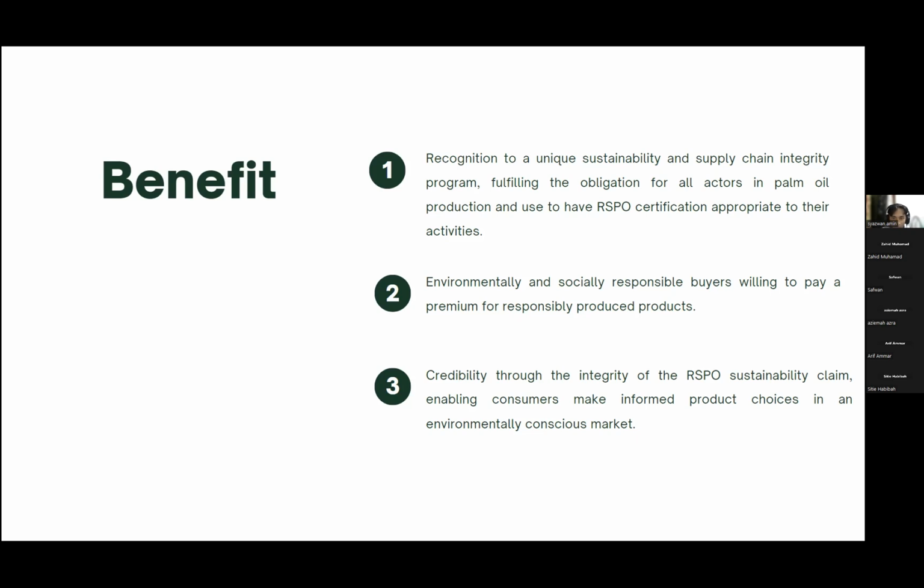Second, environmentally and socially responsible buyers willing to pay a premium for responsibly produced products. Third, credibility through the integrity of the RSPO sustainability claim, enabling consumers to make informed product choices in an environmentally conscious market.